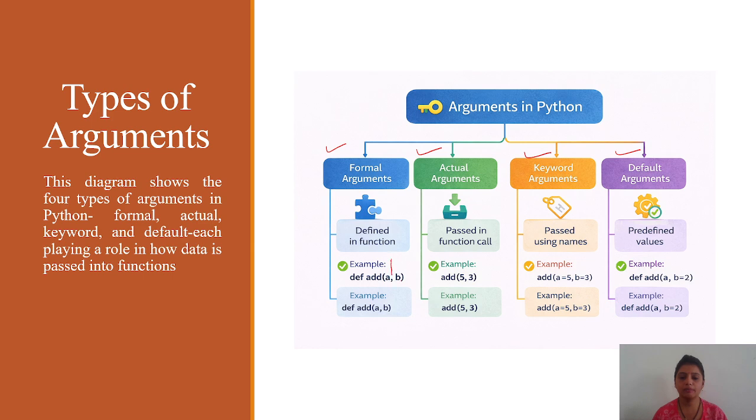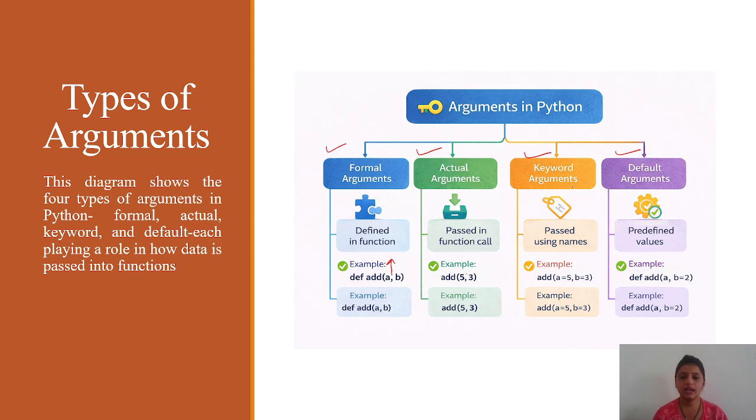So a comma b is called formal arguments. In actual arguments, the values are actually passed in the function call. So whatever the values of a comma b are, if the values are being passed, they are called actual arguments.